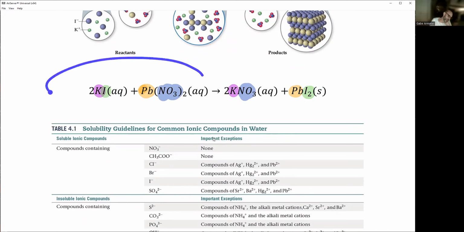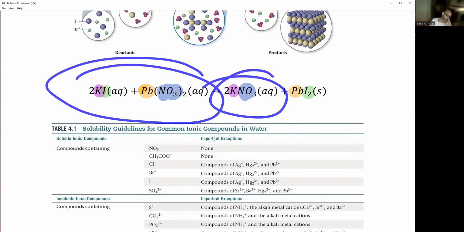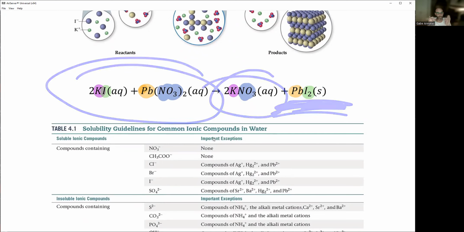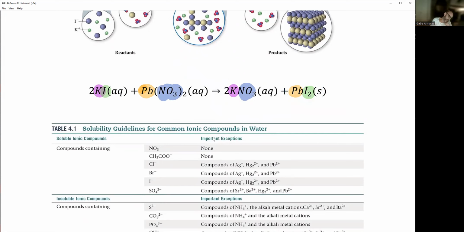What we'll notice here is this is aqueous, this is aqueous, and this here is solid. So this lead iodide is known as a precipitate. It is a solid that forms, and we determine a precipitate based on the solubility chart.